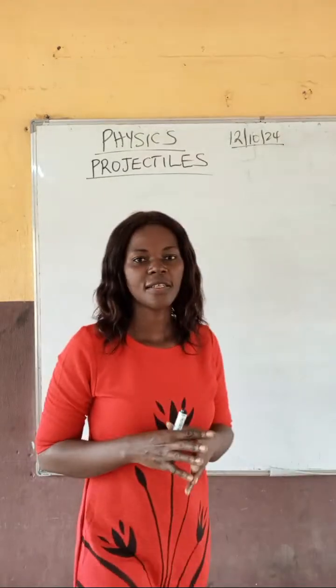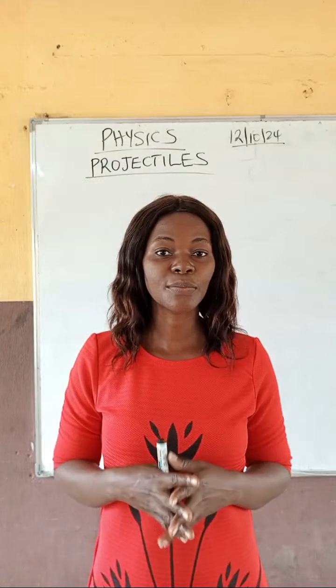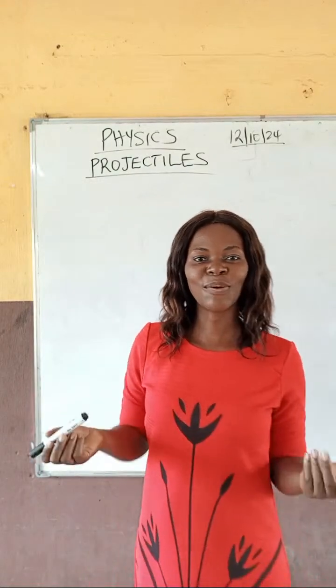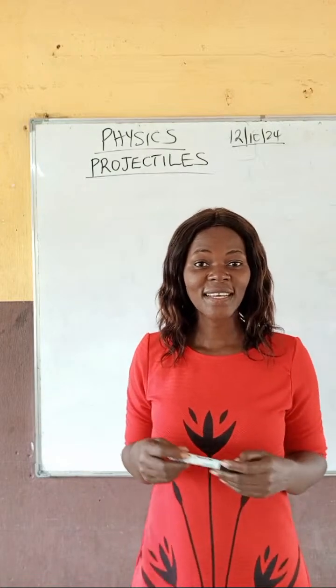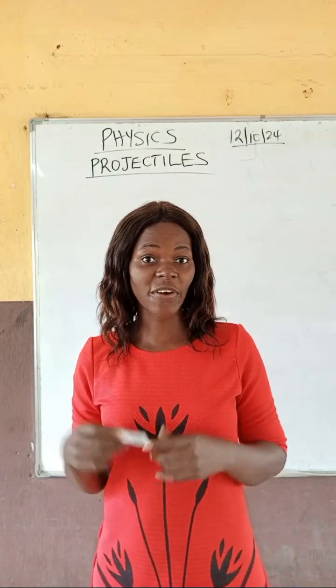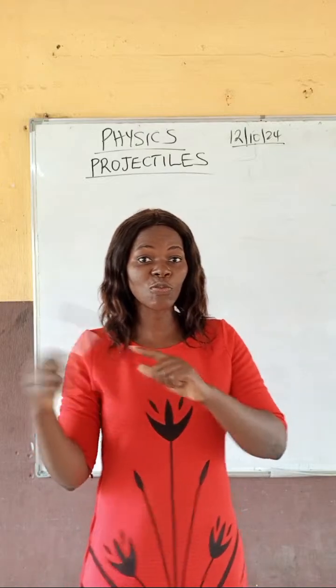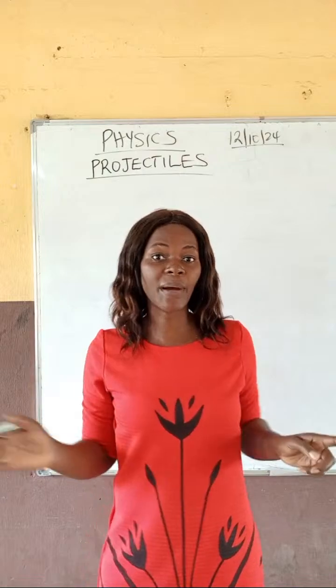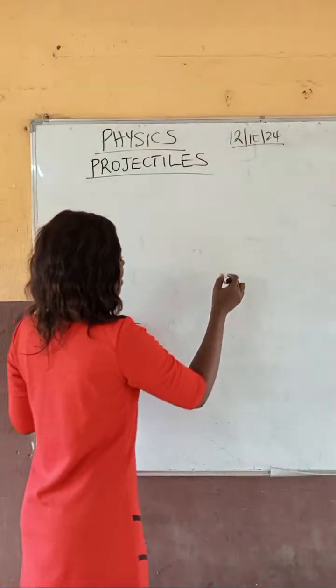All right. Today we are going to look at projectiles. What is a projectile? There's a common experience that if you throw an object, for example a football, it's going to move this way and form what we call a parabolic path.